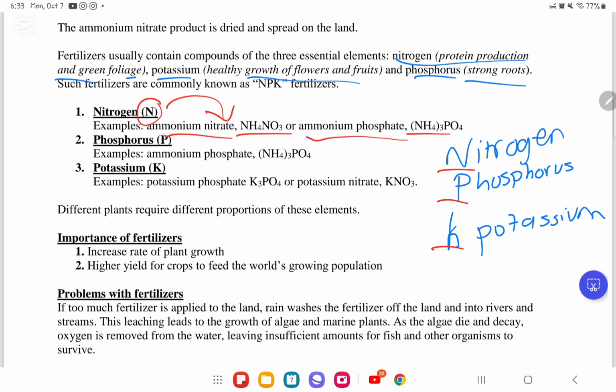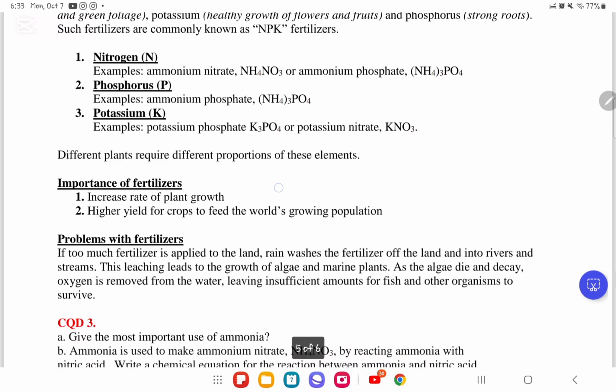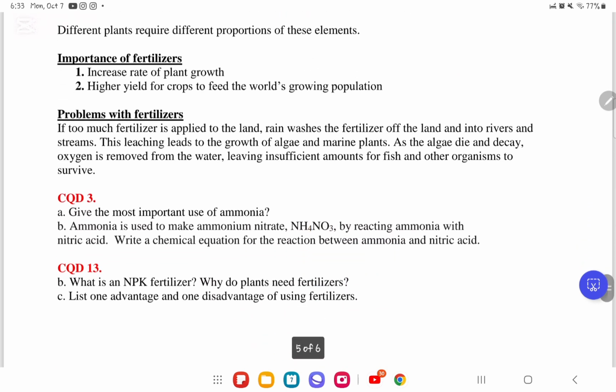Then examples of phosphorus fertilizers are (NH4)3PO4, and examples of potassium containing fertilizers include potassium phosphate, which is K3PO4, or potassium nitrate, which is KNO3. Now, different plants require different proportions of these elements. Definitely not everything is the same, like how not all humans are going to eat the same amount, not all plants are going to require all the same amounts.